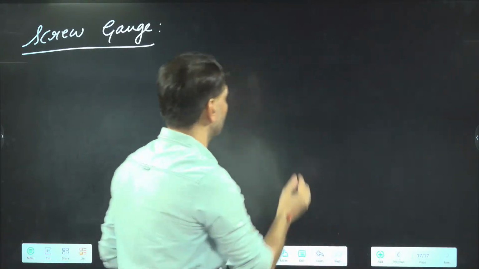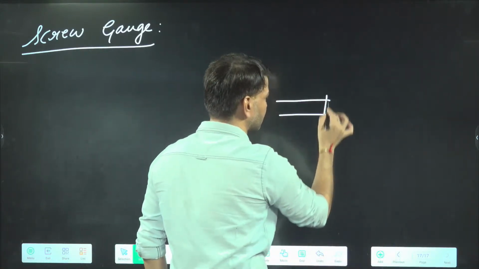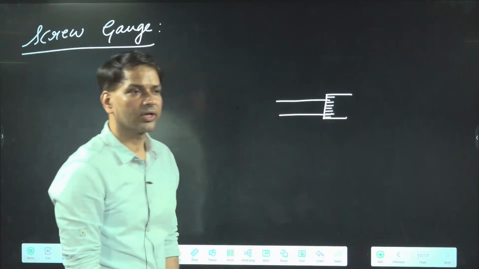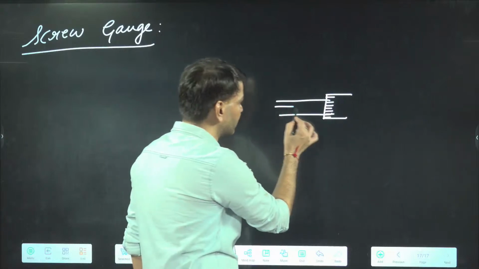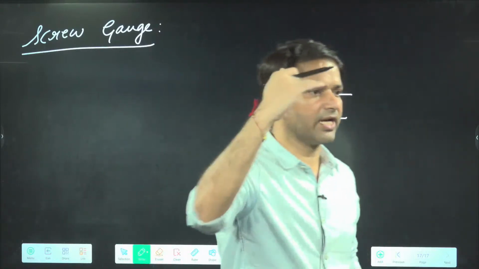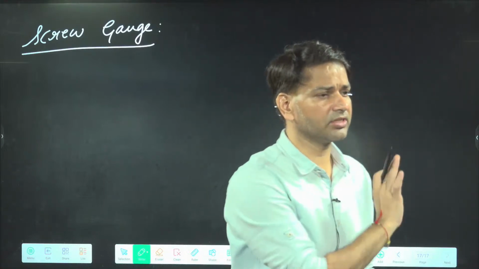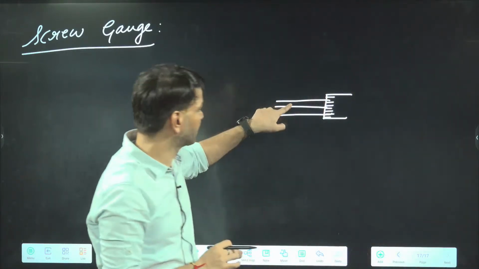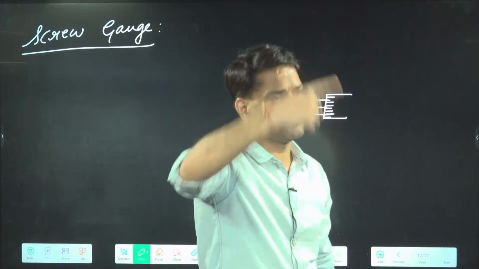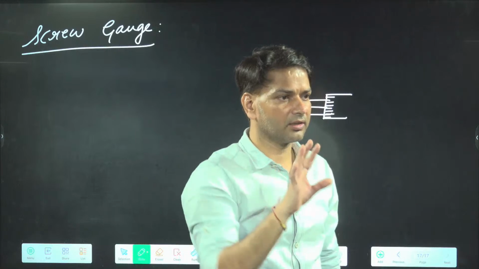So this is the main scale, this is the circular scale. On the circular scale, divisions will be like this, and one reference line will be there. From that we can measure which division is coinciding with the reference line. So this is the screw gauge. The circular scale has a number of divisions. Okay, getting my point or not?